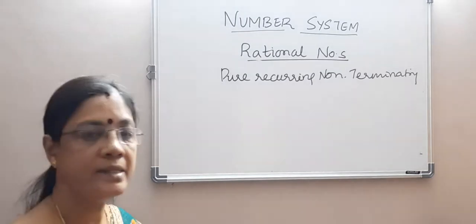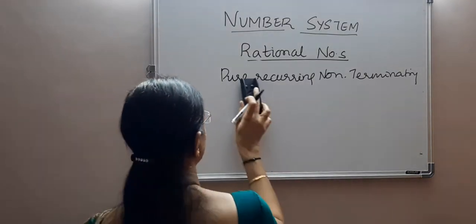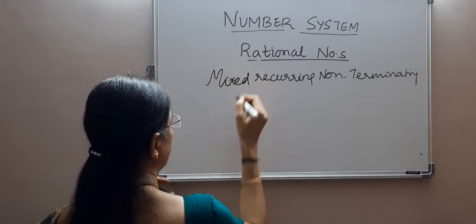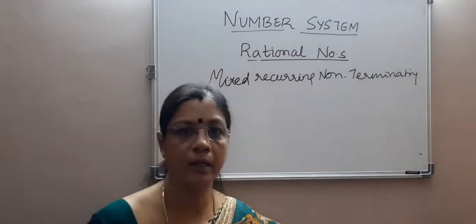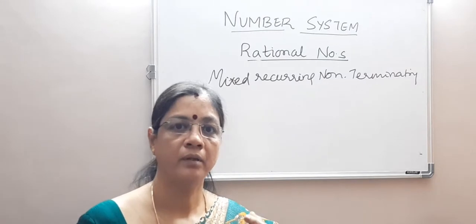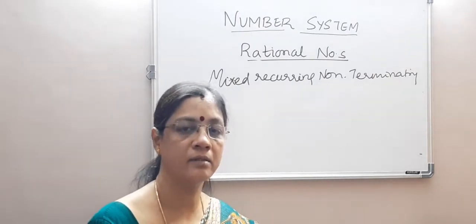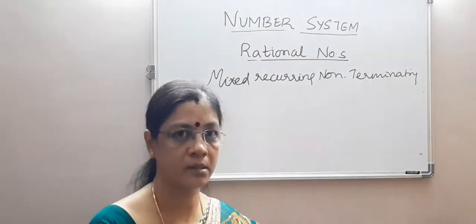Now we'll be seeing mixed recurring. This is pure recurring, and now we'll be seeing mixed recurring. Now what do you mean by mixed recurring? Pure recurring means it has repeating numbers in the decimal places.